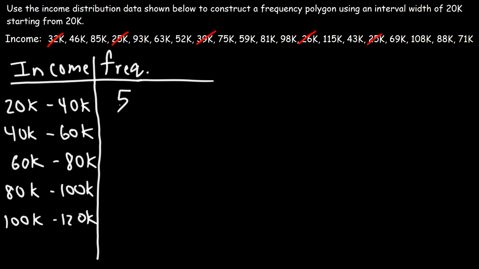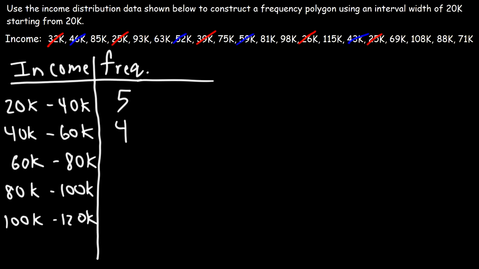Now what about between 40 and 60K? So we have 1, 2, 3, and let's see, 4. So 4 individuals earning income between 40 and 60,000. So the frequency is 4.